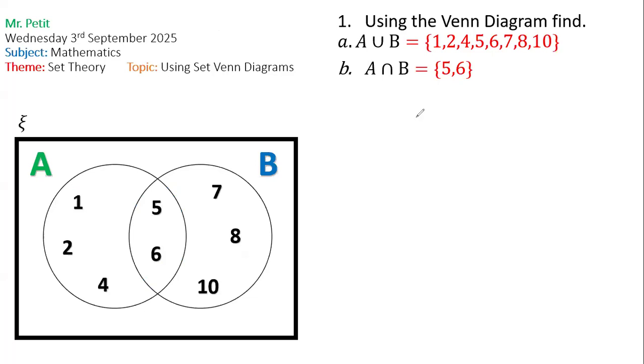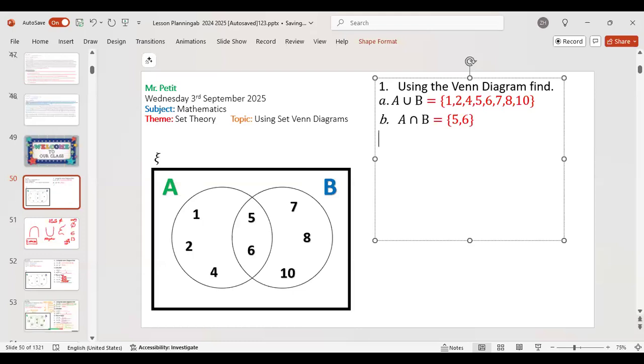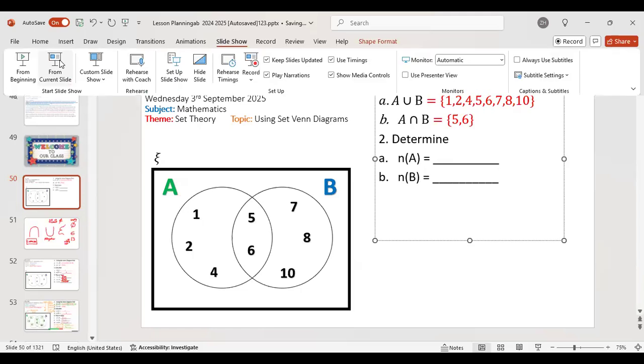The next question, number 2, says they want us to determine n(A) and n(B). Does anyone know what those symbols mean?